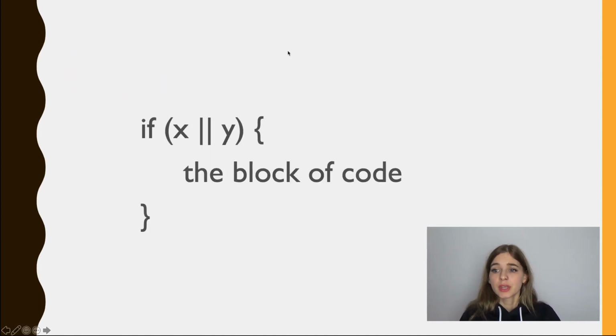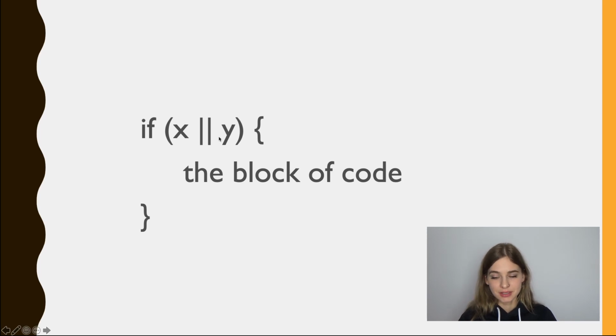Here, as I said, if we use logical operators in the if statement, we've got the keyword if, and then in parentheses our statement, which will evaluate eventually to true or false. If it is true, then this block of code will be executed.